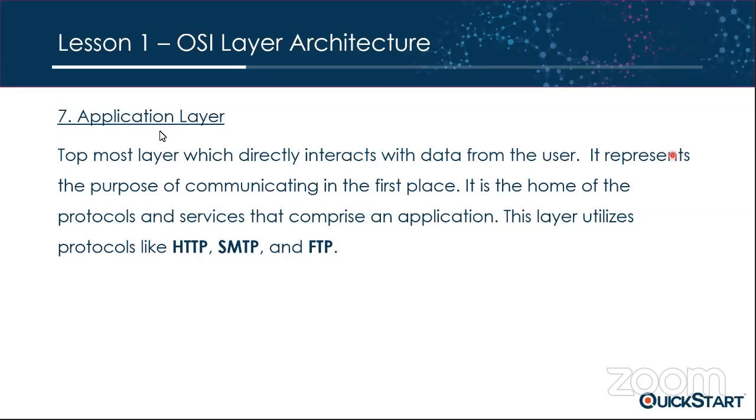The application that you're using, which could be an email application, or the web application that you're using for browsing, or whatsoever. This layer also serves as a window for the application services to access the network and for displaying the received information to the user, right?